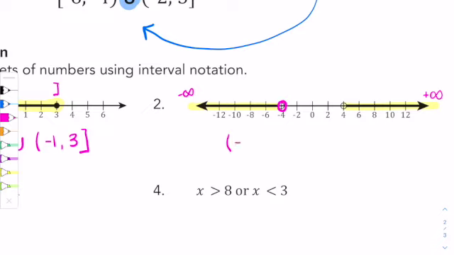We're going to write this as negative infinity to -4, both receiving round brackets. This next interval starts at 4 and heads towards positive infinity. When we write this as an interval, make sure you use a union, and we write this as, using parentheses, 4 to positive infinity.